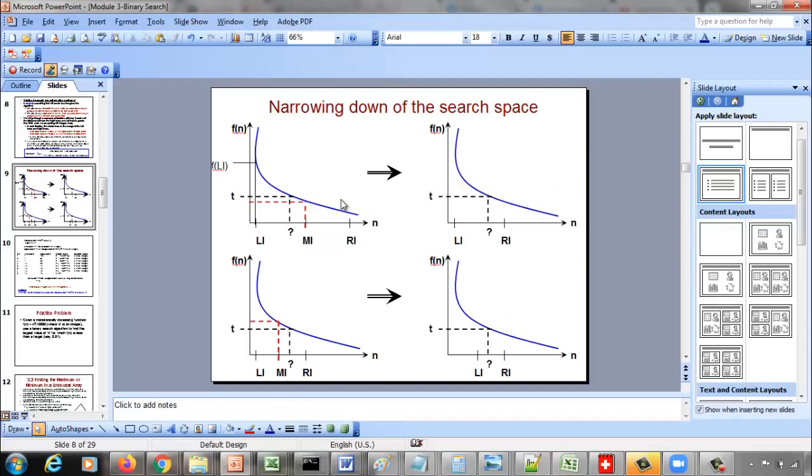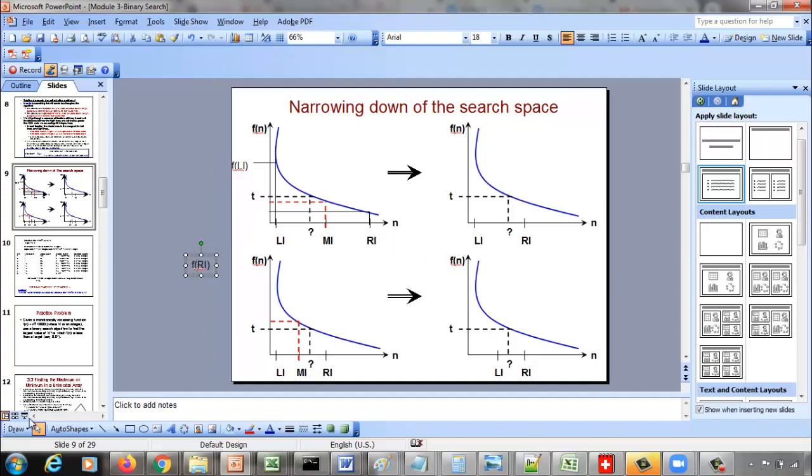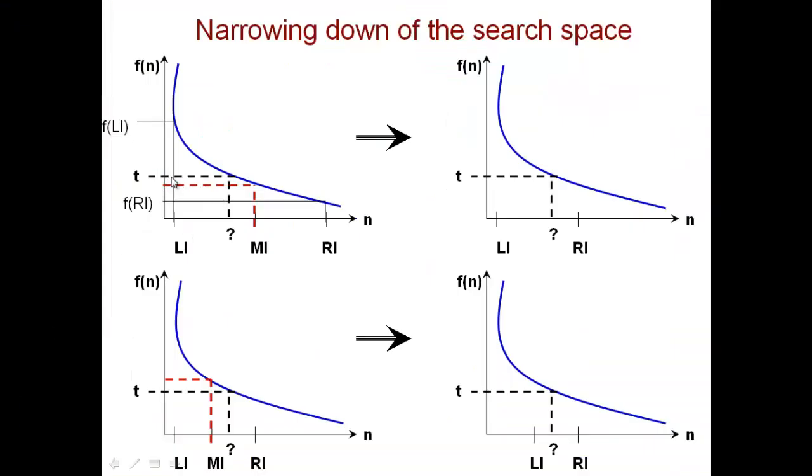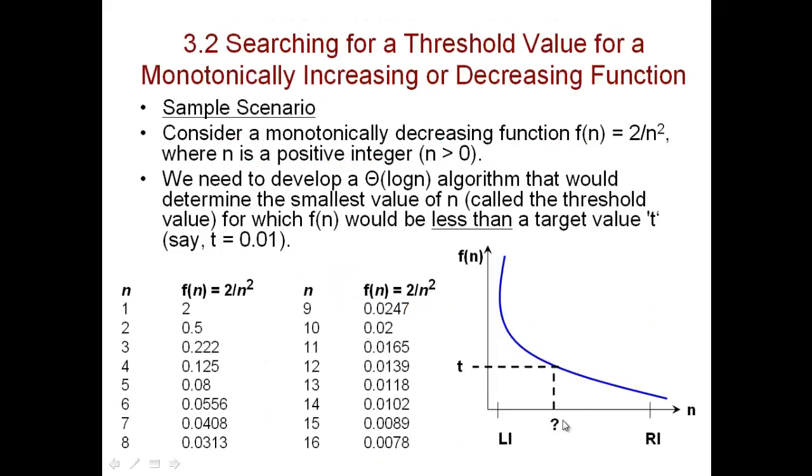And you fix the right index in such a way that the function value is less than the threshold. So at n being this value, the function value corresponds to something here. This is our f of the right index. At the right index, the function value is less than the target. So the target is this. As I said, we want to find for what value of n the function value goes less than the target.